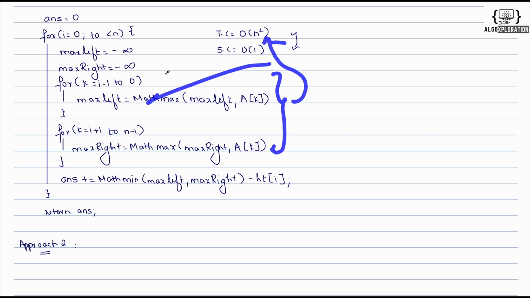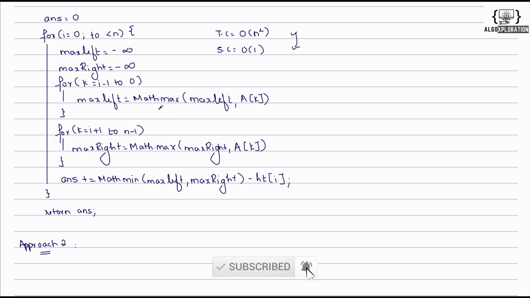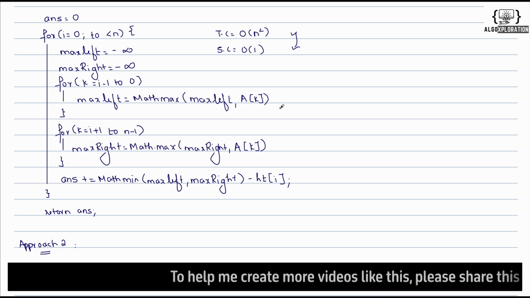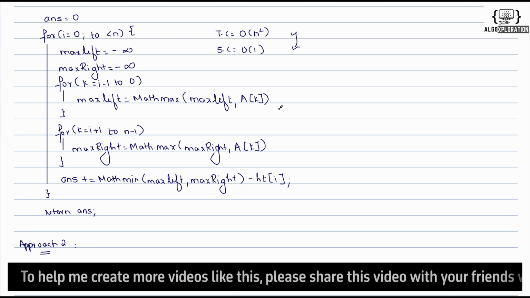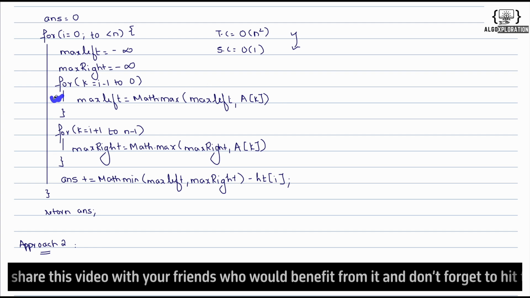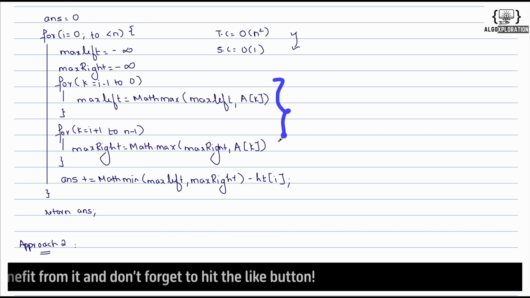If we neglect this, it will be simply order of n, right? Now let's see how we can eliminate these for loops. Let's say we store somewhere, in an array, for every ith building, the max left and its max right, right? So we can simply access that array here. So due to this, this for loop will be eliminated, right?